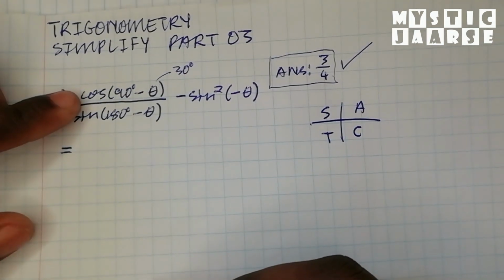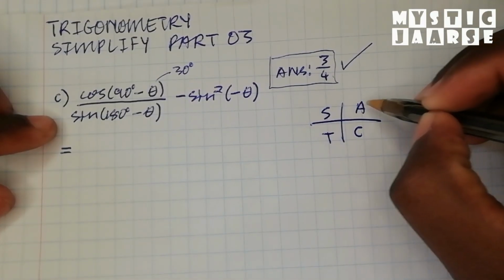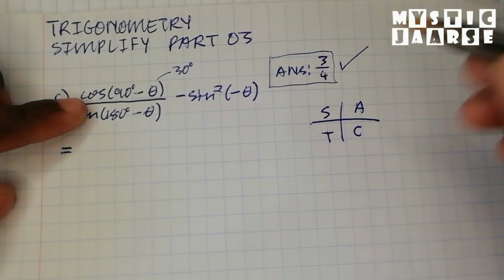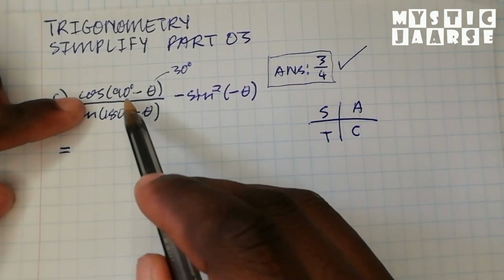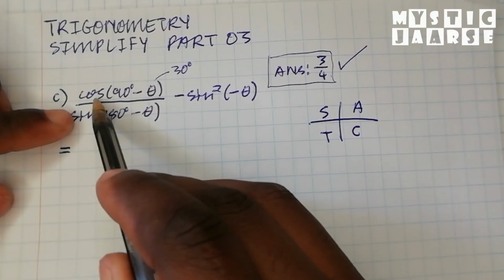We have cos of 90 degrees minus. Now 90 degrees minus is the first quadrant and cos is positive, but because this is 90 degrees, cos is going to change into sine.